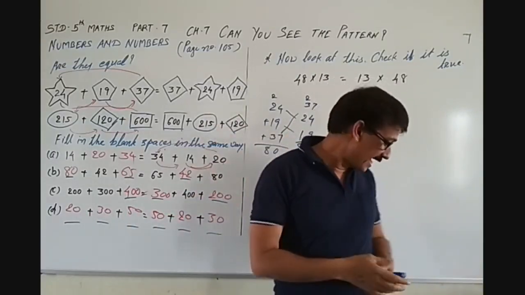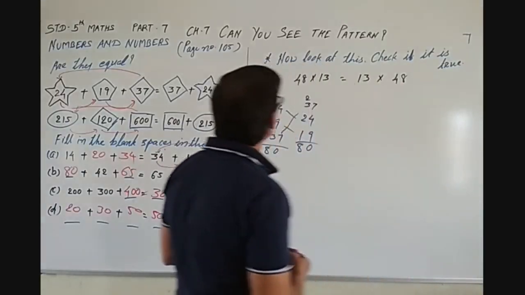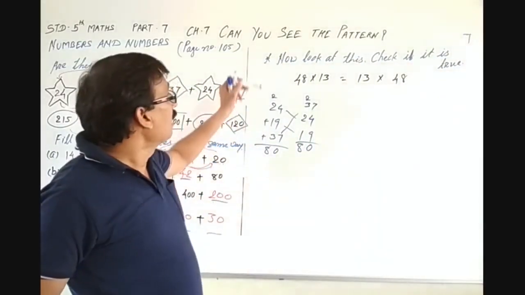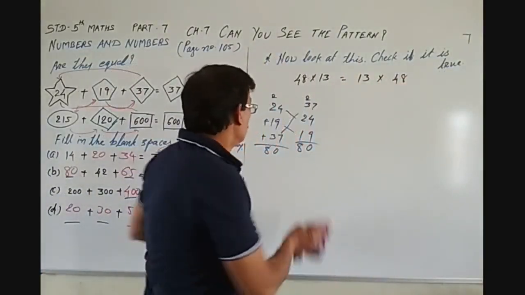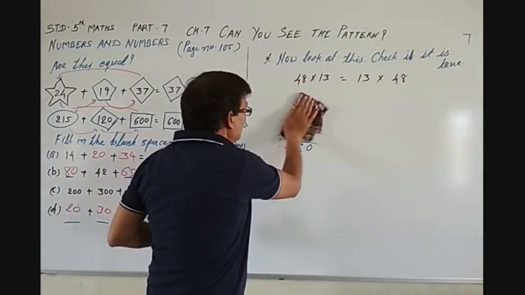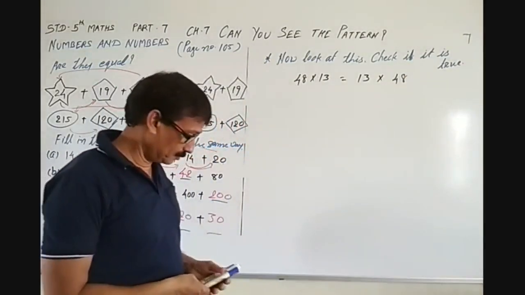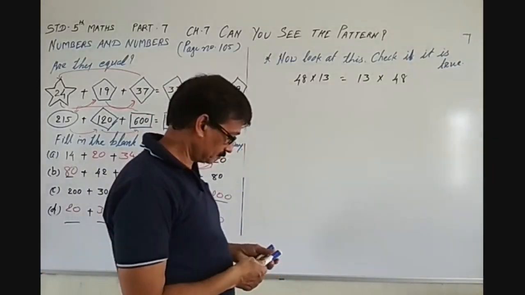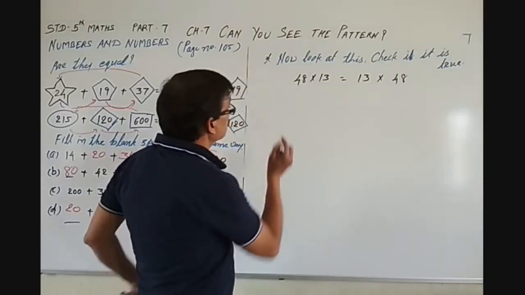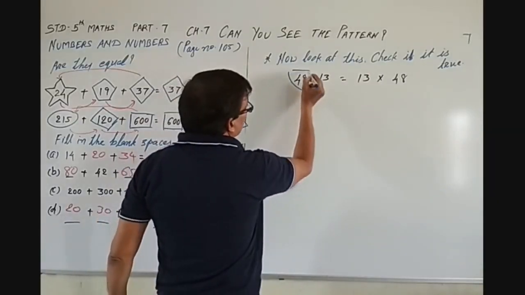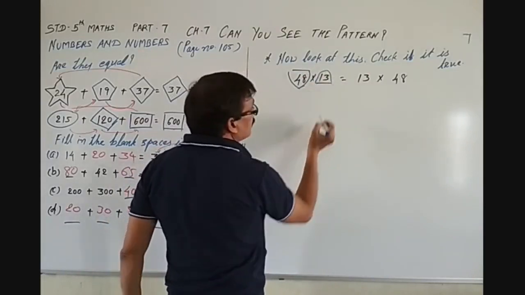One more thing is there: check if it is true. Now look at this, check if it is true. Let's see that. Here you can see 48 is there in this manner, and 13 is in this manner.